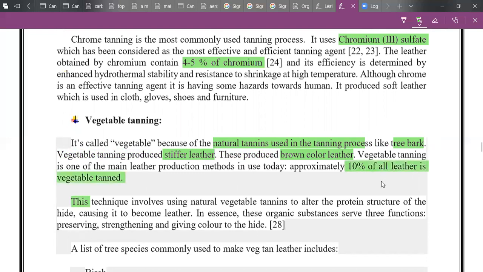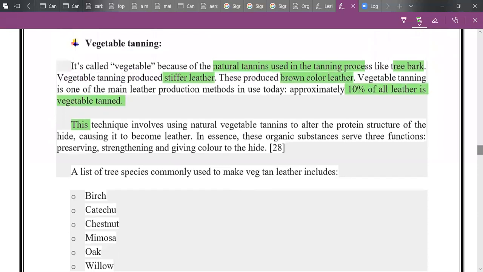Approximately 10% of all leather is vegetable tanned. This technique involves using natural vegetable tannins to alter the protein structure of the hide, causing it to become leather. In a sense, these organic substances serve three functions: preserving, strengthening, and giving color to the hide.